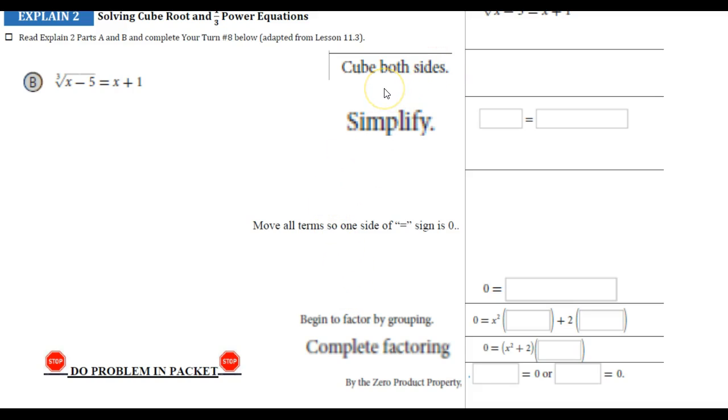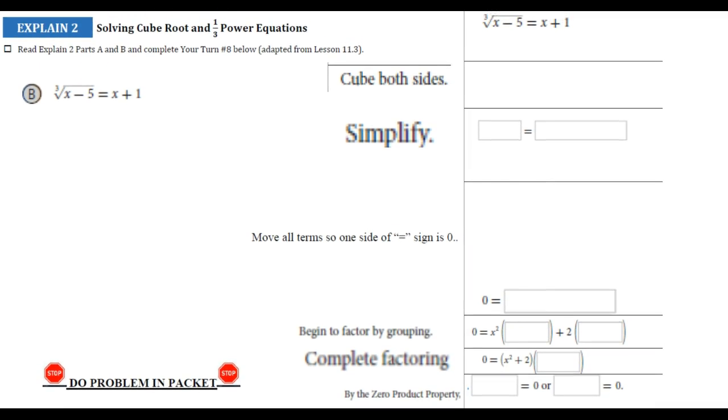We're going to continue with explain 2 part B. Okay, so we have our problem listed above. What we're going to do first is go ahead and cube both sides, just as it says here.